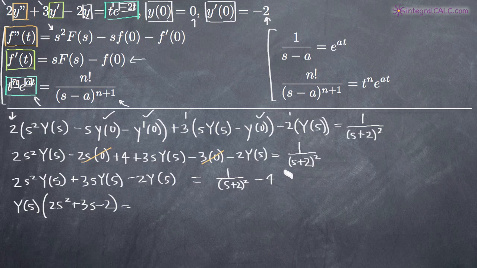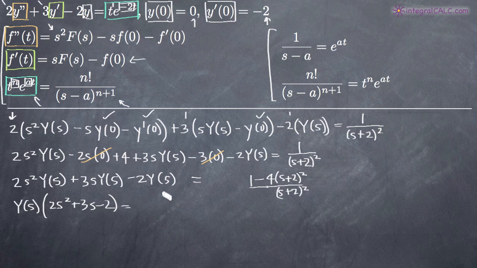So to do that, we'll multiply the 4 by the quantity s plus 2 squared over s plus 2 squared. And when we combine fractions, we'll just get 1 minus 4 times the quantity s plus 2 squared all over the quantity s plus 2 squared.